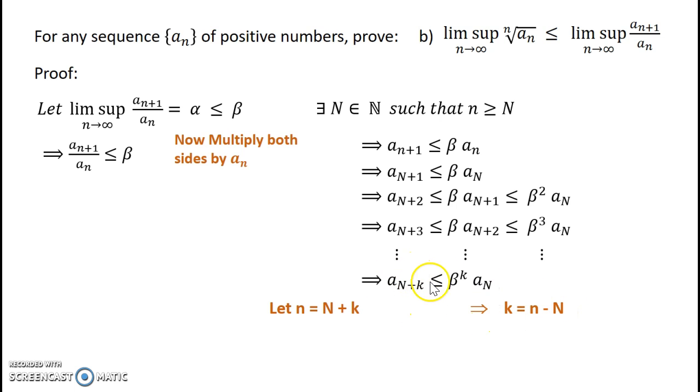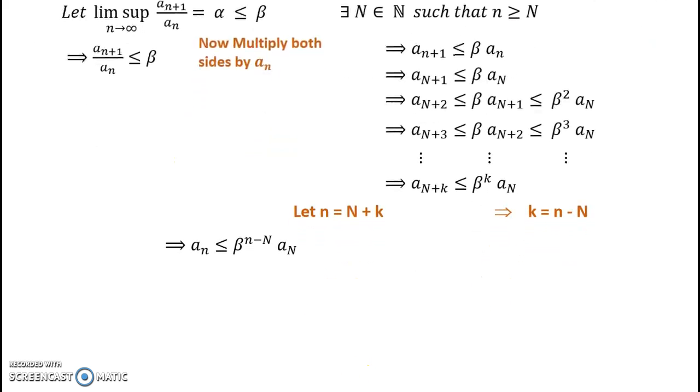Once again, I'm going to replace this N plus k with a lowercase n, and this k here as an exponent with n minus N, producing this expression. A sub n is less than or equal to beta to the n minus N power times a sub N. Just lower that a little bit once again.